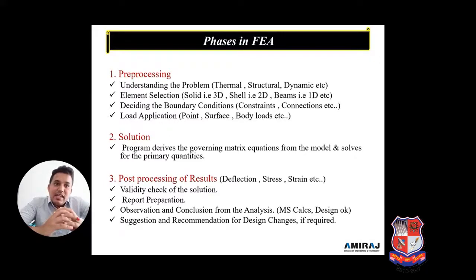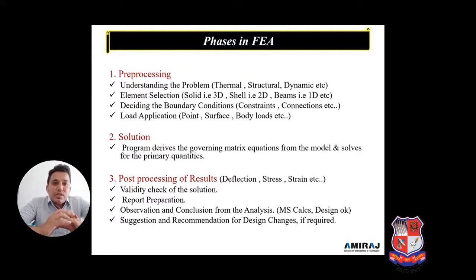Then deciding the boundary conditions, as different boundary conditions are there in the meshing type. Another thing is the load application: it will be a point load, surface load or body load. So this is the first phase in which we identify the forces and give the input data.